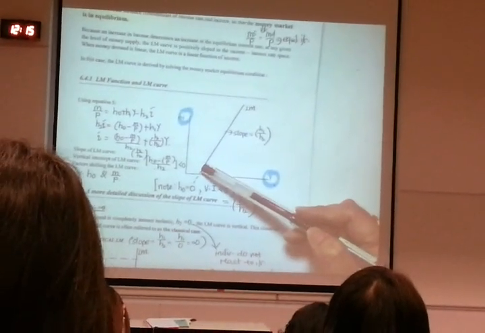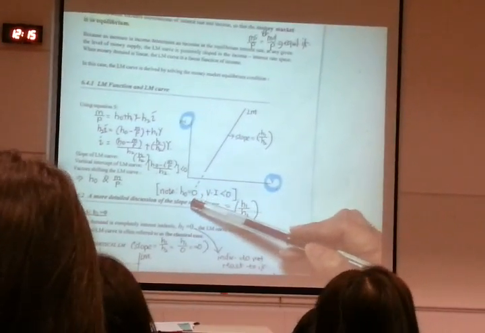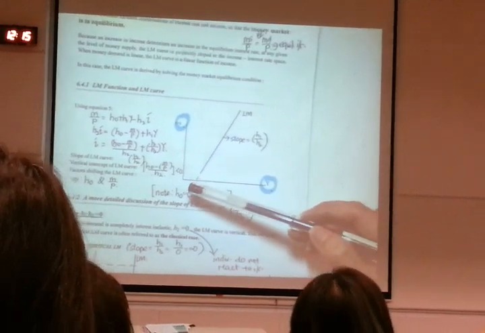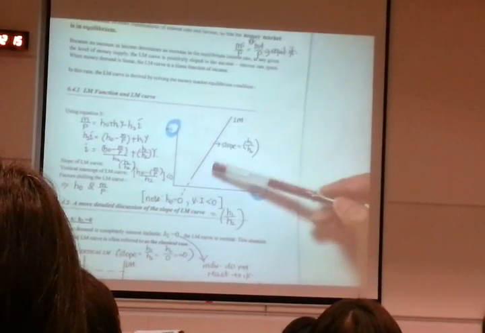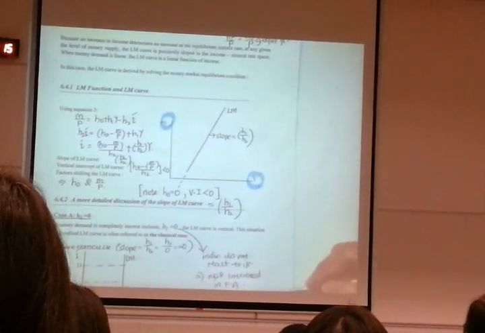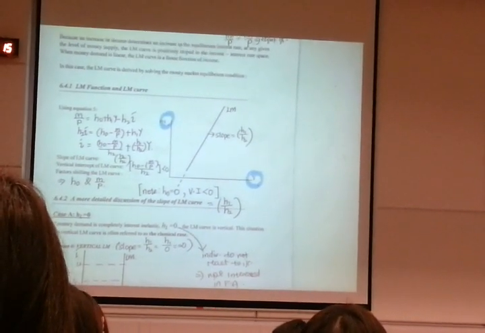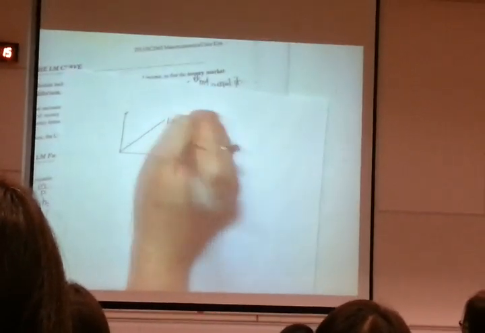But we don't draw the LM curve all the way down, because we know in an economy there is no zero interest rate. So we merely draw the LM in this manner. That tells you that in the exam, you cannot draw LM like that. This is incorrect.